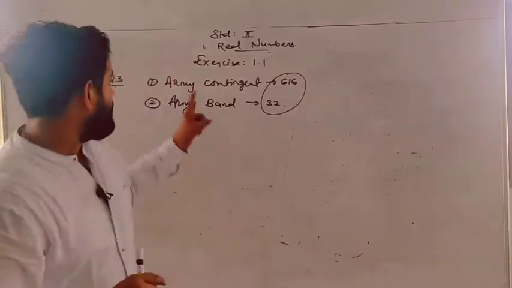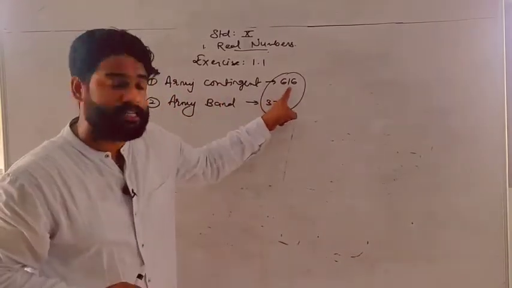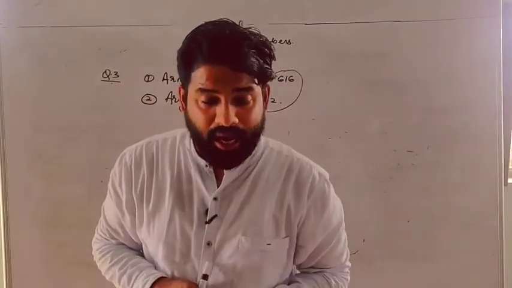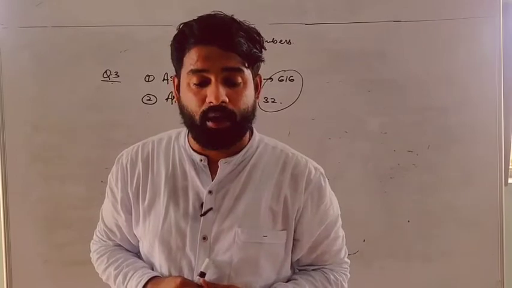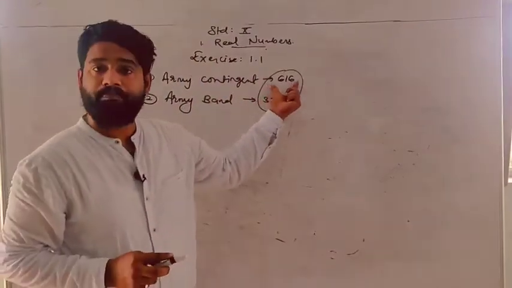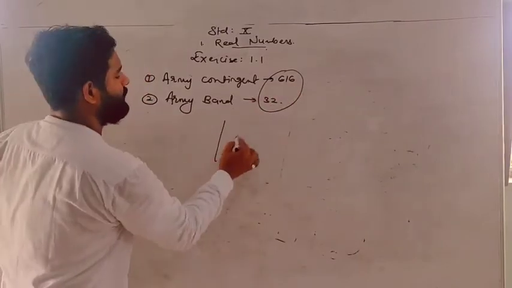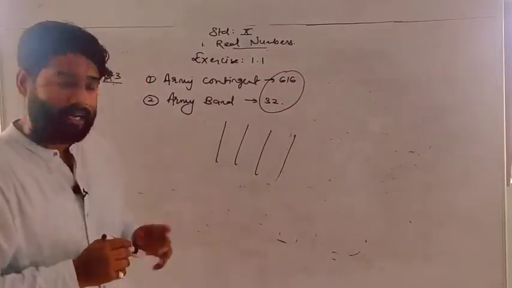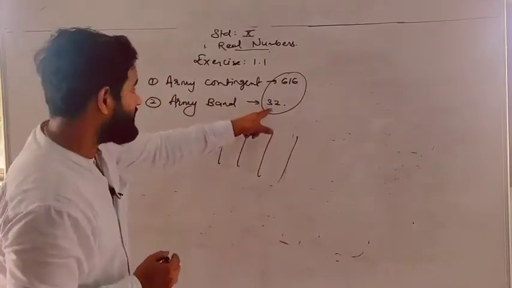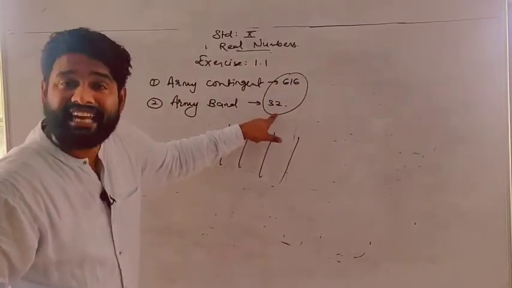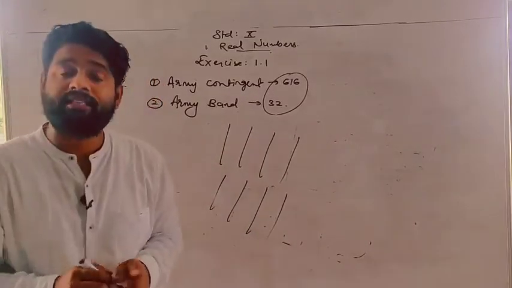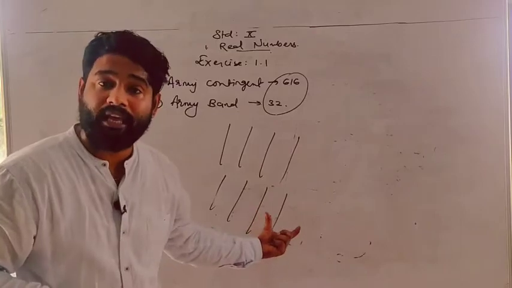So there is an army contingent of 616 members and an army band of 32 members. They are taking part in the parade, and the two groups are to march in the same number of columns. Suppose they have made 4 columns, and 616 members have been arranged in them. Then the second group should also arrange themselves in 4 columns only.